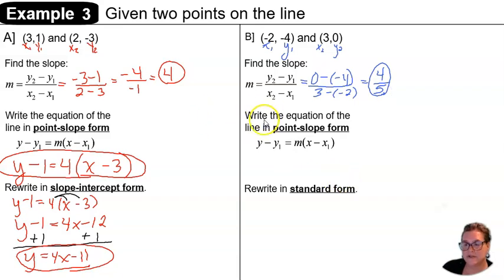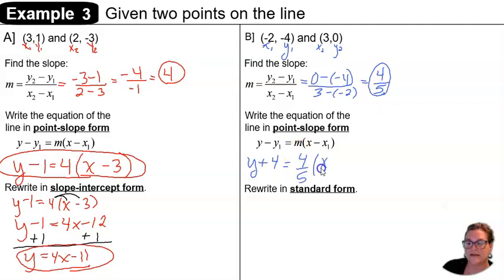Now I can substitute in that 4/5 for the m in point-slope form, along with my x1, y1 coordinates (-2, -4). So point-slope form will be y minus y1, which is -4. A negative and a negative is a positive. So this is y plus 4 is equal to, the slope is 4/5.